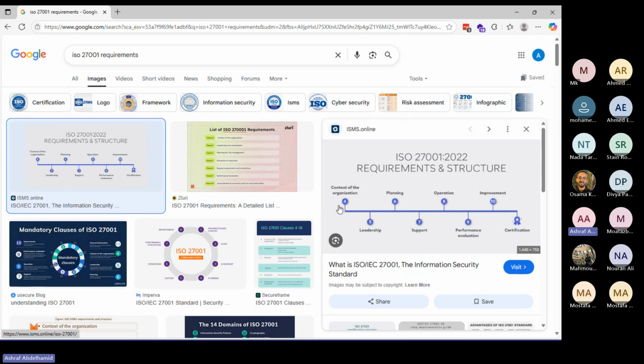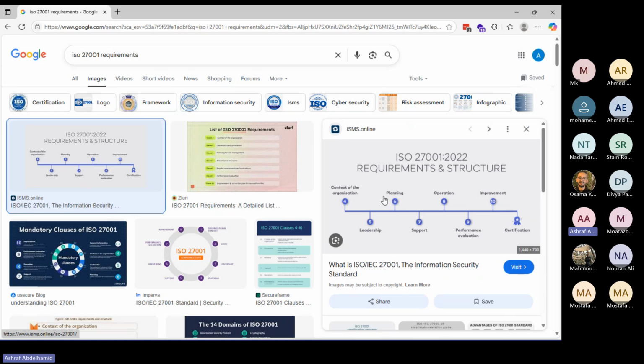Clauses 1, 2, 3 are the scope of the standard itself, the introduction and so on. The mandatory clauses, or the required clauses to be implemented by the organizations, are from 4 to 10. So there are 7 requirements.